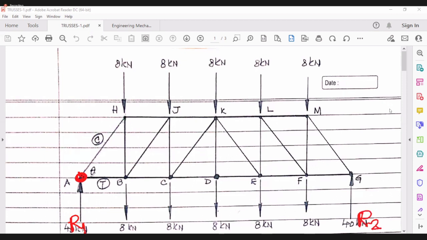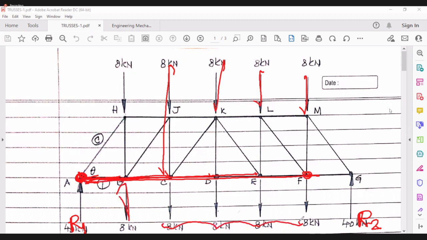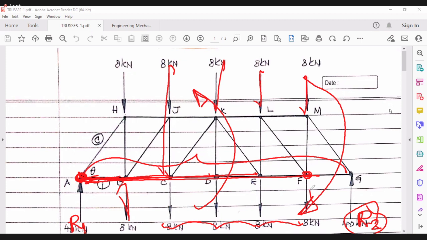So you can say 80 into this much plus this 8 into this much plus this 8 into this much plus this 8 into this much plus this 8 into this whole length up to this much plus 8 into this much, all these forces, and then minus R2 into total length, because moment of R2 is in an opposite direction than the moment of all 8. If you do it, R2 will come out to be 40.